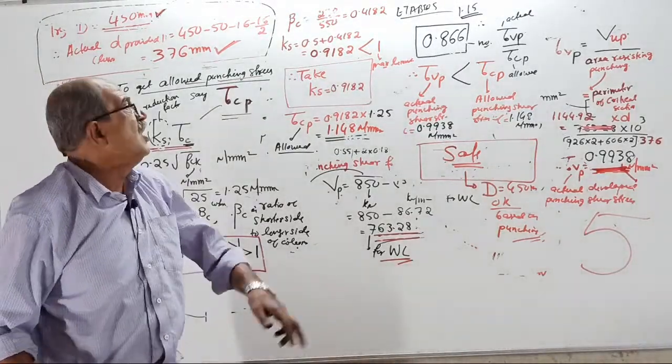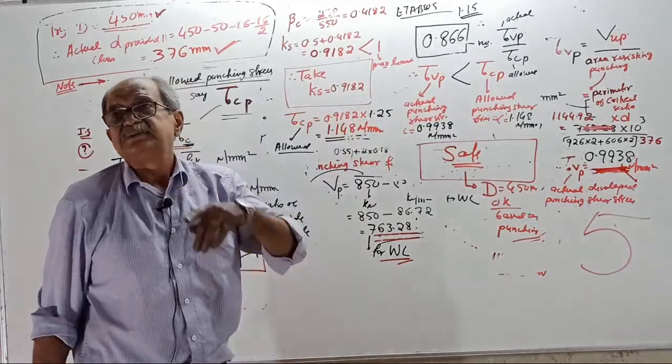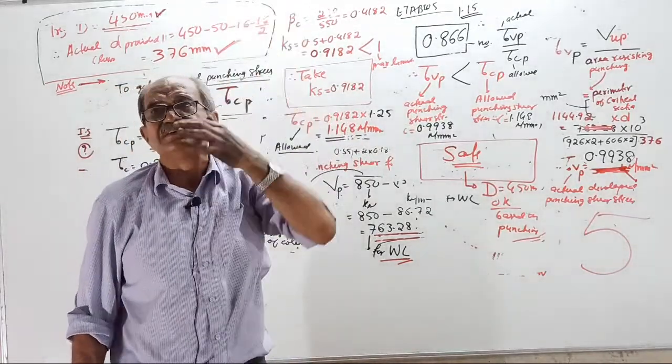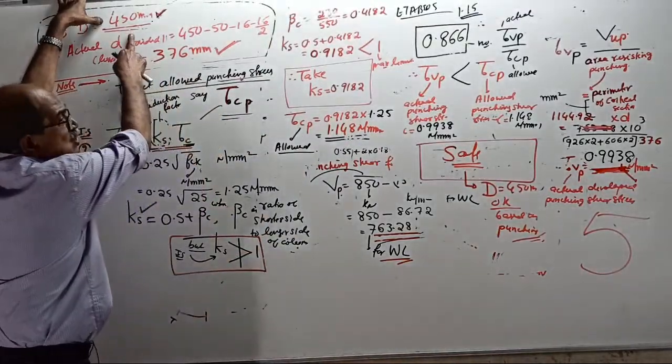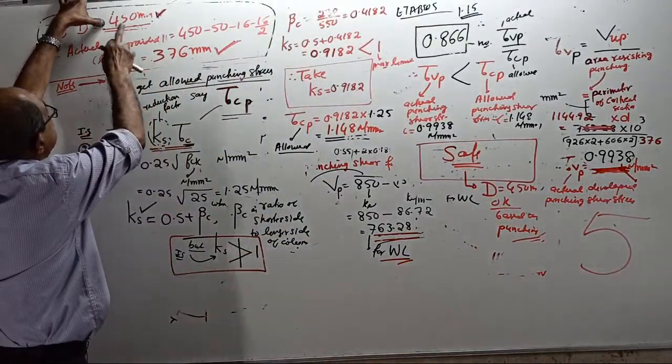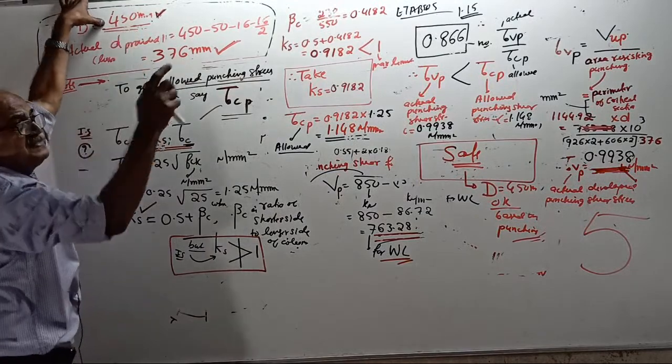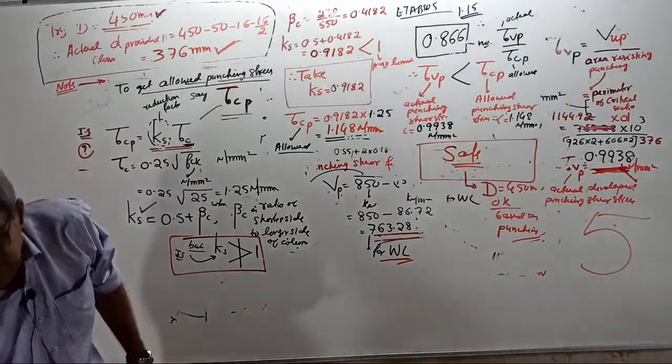I told you, if you increase the depth, strength drastically increases, maybe 10% more. Go to the edit page, select this footing slab where 450 is there, say 450 into 1.1.